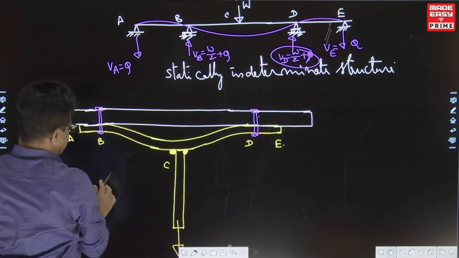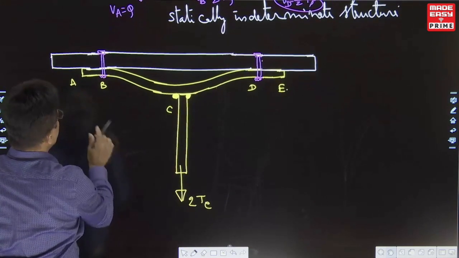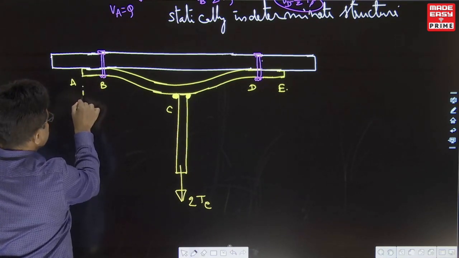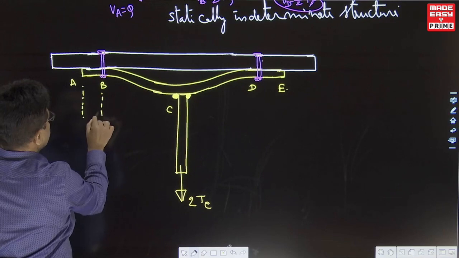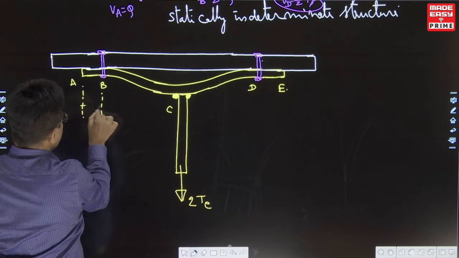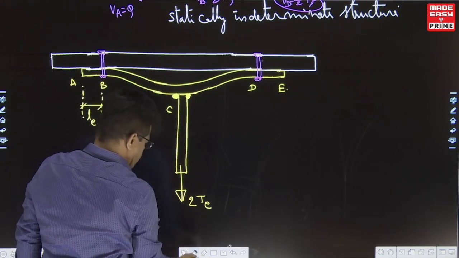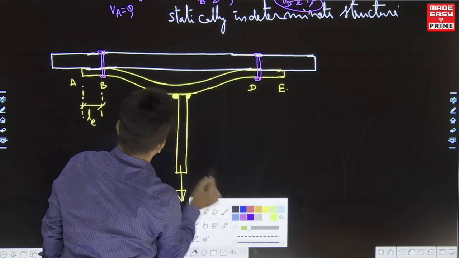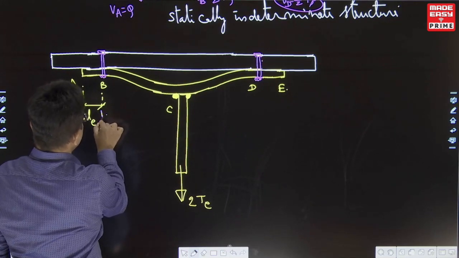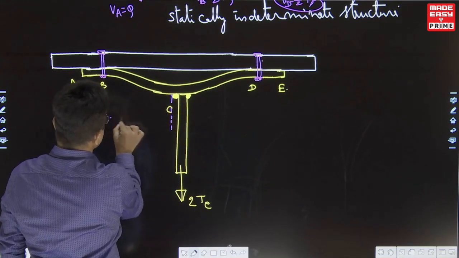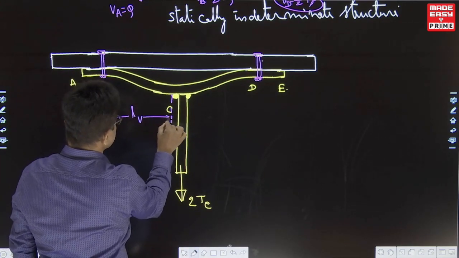Here some lengths are given. Here also we will give some distances. From the free edge to the center line of the bolt, we call it LE, the end distance. From the center line of the bolt to the toe of the weld, you call it LV.